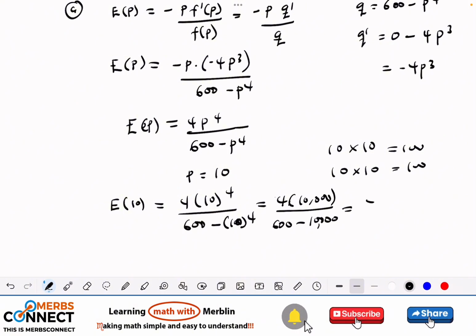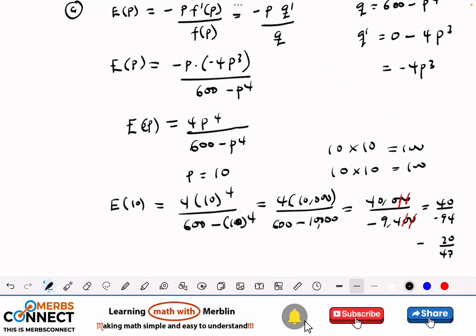This is going to be 40,000 divided by, when I do the subtraction, minus 9,400. So I can cancel the zeros. I'm not using a calculator, so I'll just leave it as 40 divided by minus 94. I can divide 40 by 20 and divide 94 by, I think, 47.